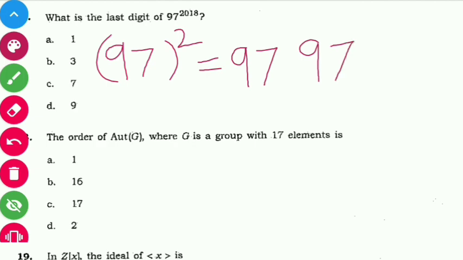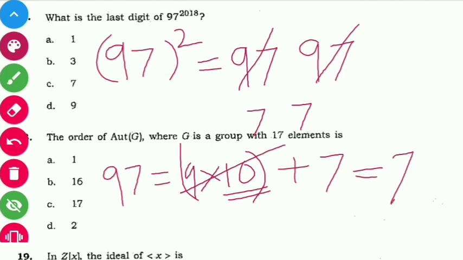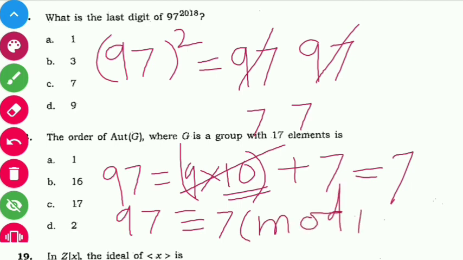Now when you take modulo 10, this is just 7, right? This is just 7 because you can write this 97 is equal to 9 into 10 plus 7, right? But in modulo 10, 10 is equivalent to 0, or you just cancel the multiple of 10, and whatever the remaining number, it is equal to 7, or 97 is congruent to 7 mod 10, right?